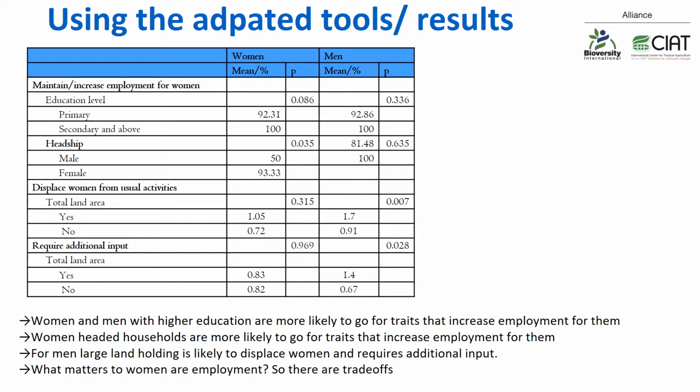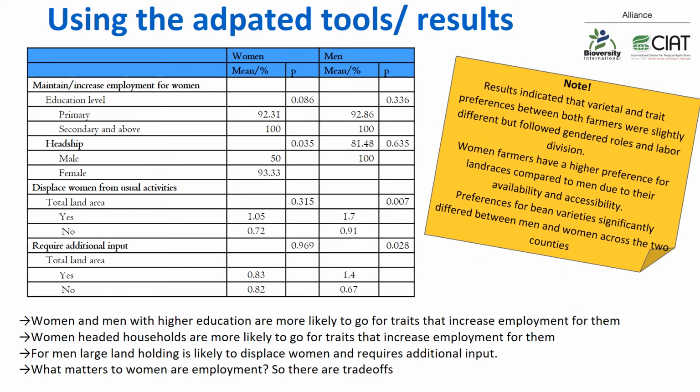But men said that when there's a large land holding, it's likely to displace women, and it also requires additional input. Women also had the same thought, but they were more interested in employment and not whether it's going to displace them from the activities they were doing before or whether it had additional input. So there are some trade-offs that we realized.